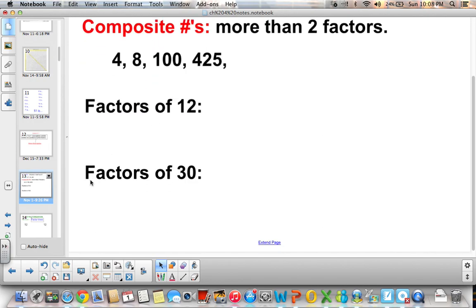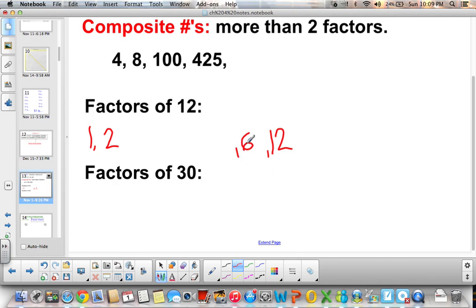So if we list out the factors of 12, I know that 12 can be divided by 1, so we're always going to start with 1, and I also know that it can be divided by itself. So every number, when you list out the factors, we start with 1 and then we end with itself. Then we can go in order and fill in between. So I know that 12 can be divided by 2, and 2 times 6 is 12.